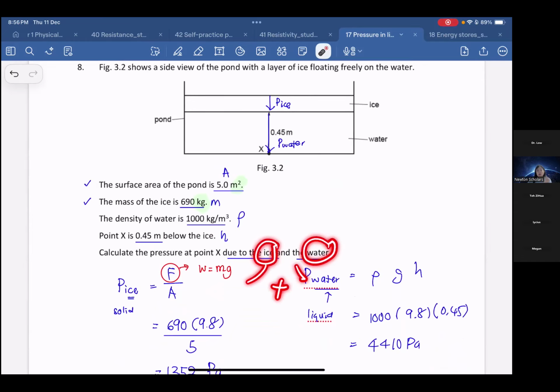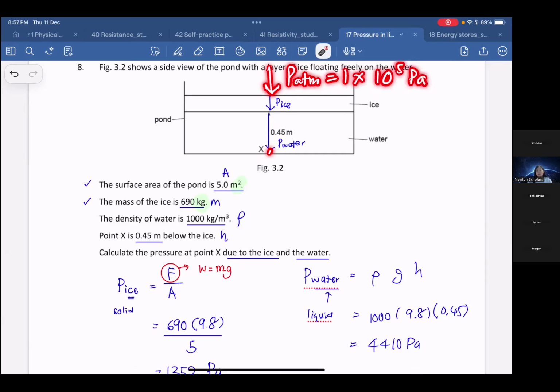If they ask you to calculate the pressure at point X, that means they want total pressure, and they must tell you the atmospheric pressure, roughly like 1 times 10 power 5 Pascal. So at the end, you should add these three together for the pressure at point X. Full stop.